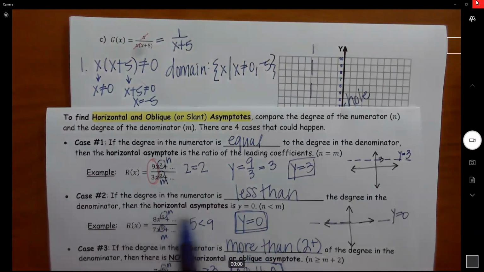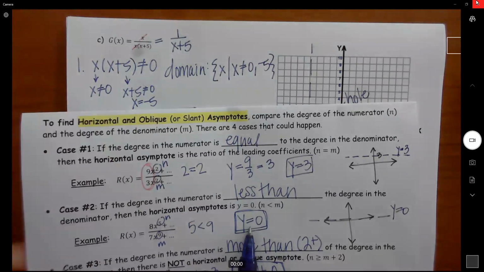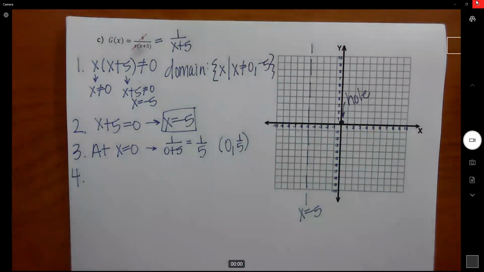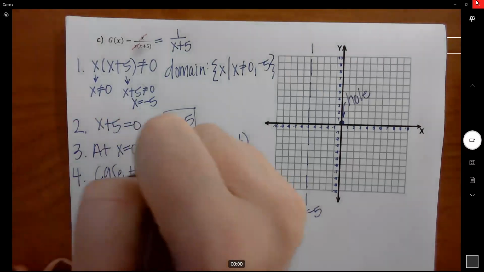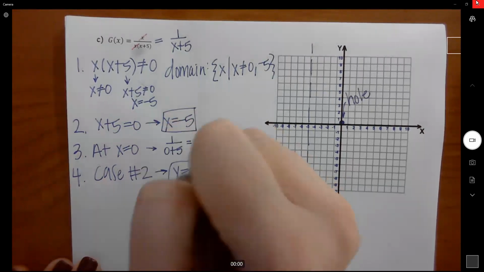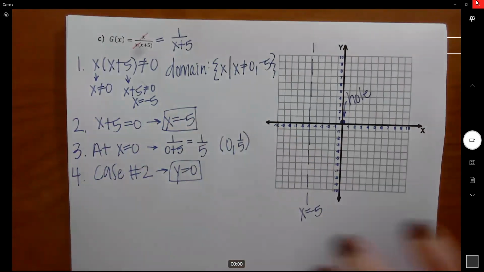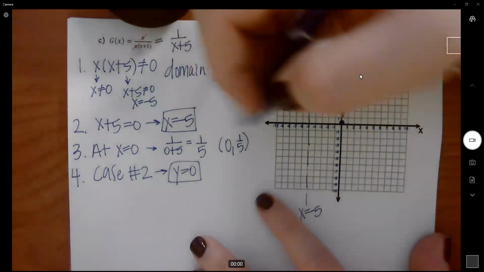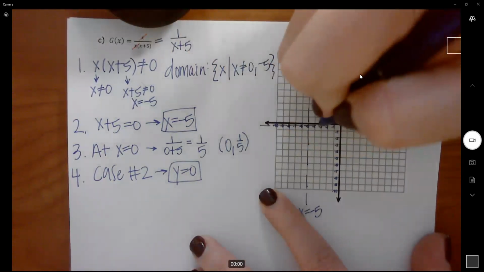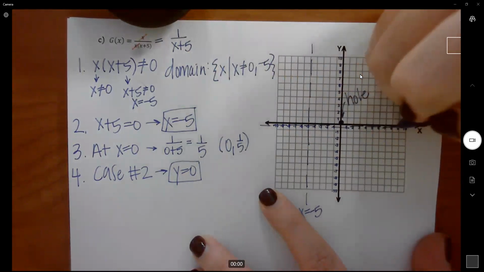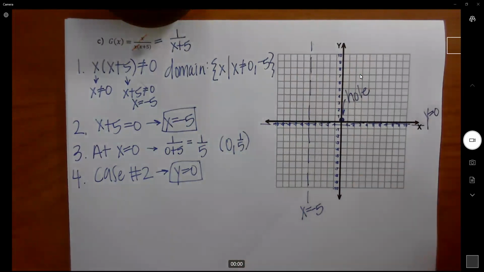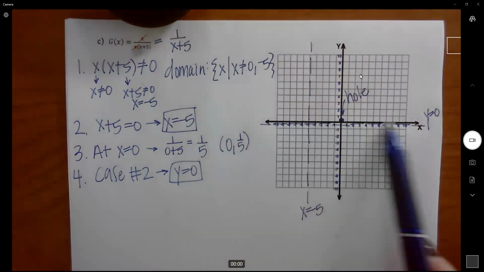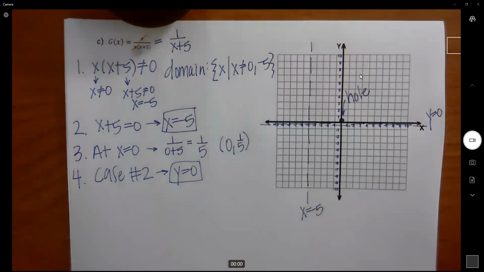And so when that happens, your horizontal asymptote is just simply at y equals 0. So this is case number 2, and case number 2 tells me y equals 0. Okay. All right, there's my horizontal asymptote. Again, I had to put it below that just so it will show up, but it is the x-axis.